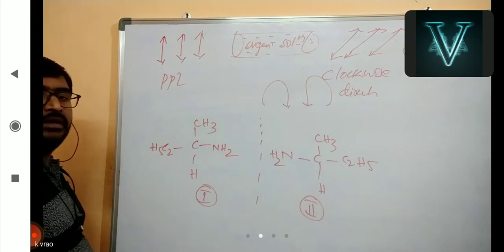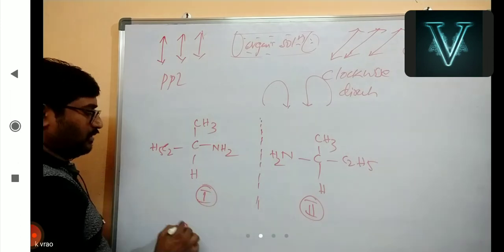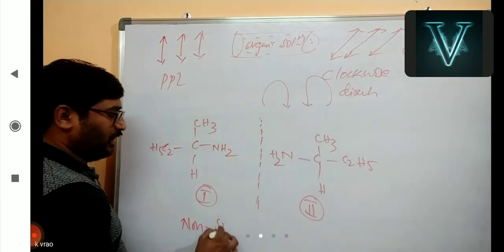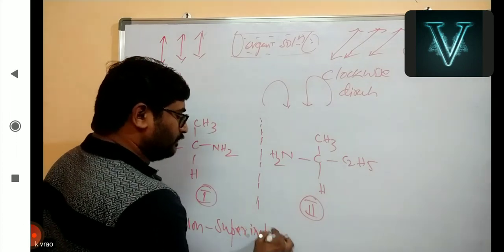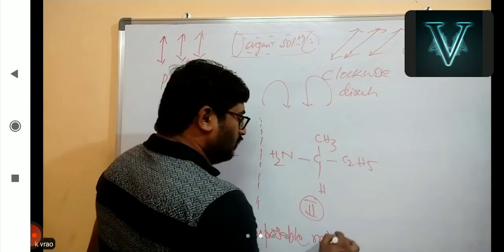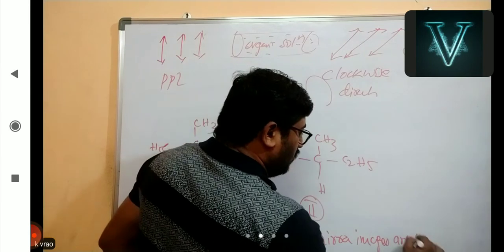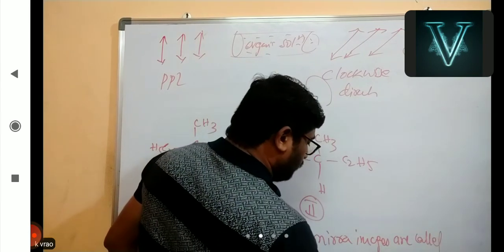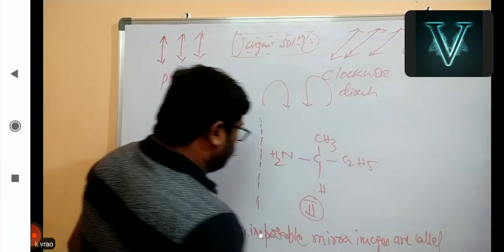These are mirror images, non-superimposable mirror images, and non-superimposable mirror images are called enantiomers.